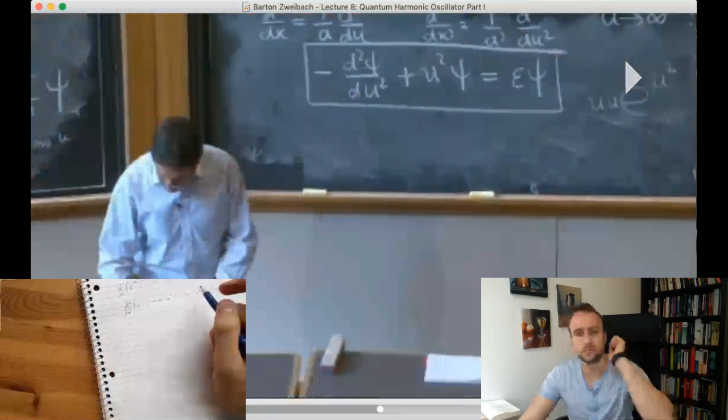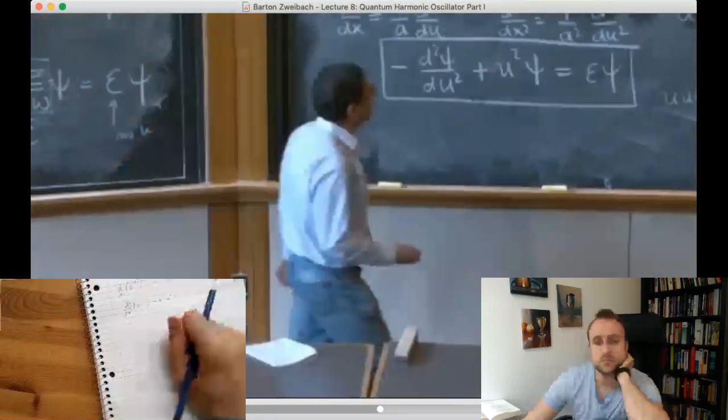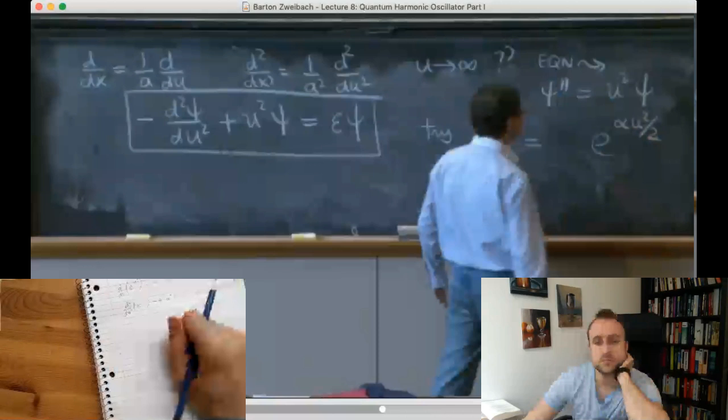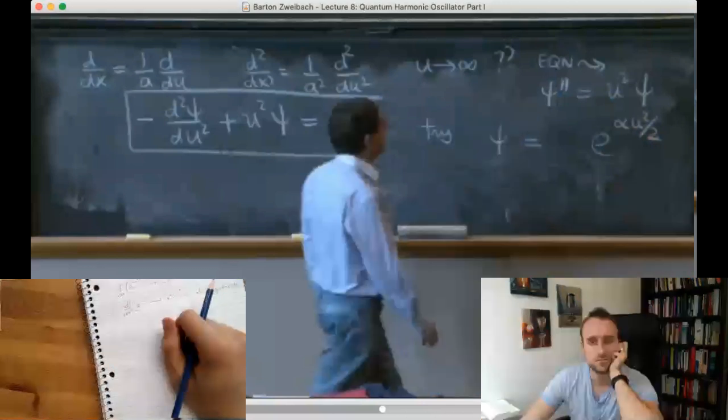So let's try that to see if we have something. I will try e to the alpha u squared over 2, where alpha is some number.